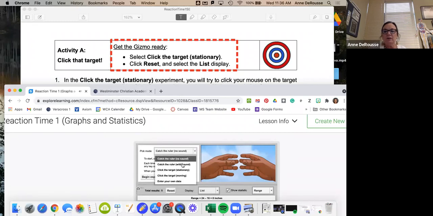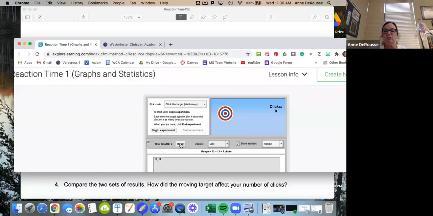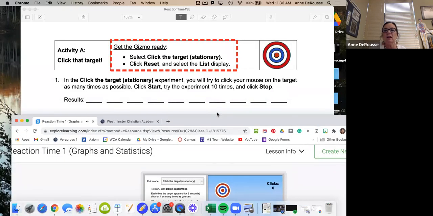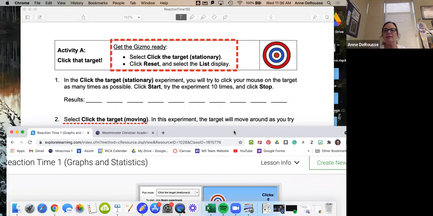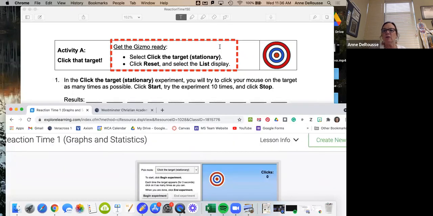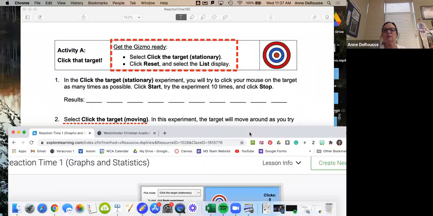So I'll go here, target stationary, and then click reset because you want a new display for your data. And you want to make sure this says list. It doesn't tell you at this point what this should be. So you can wait. It'll tell you later.